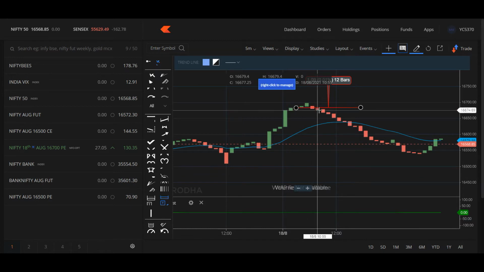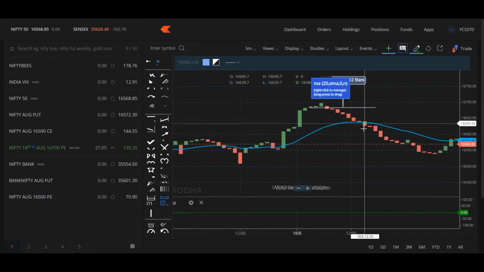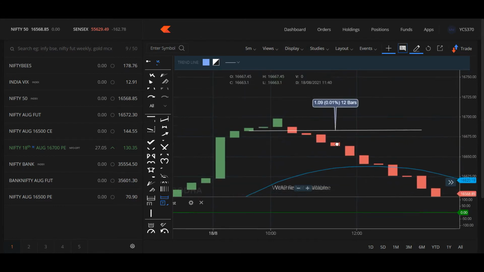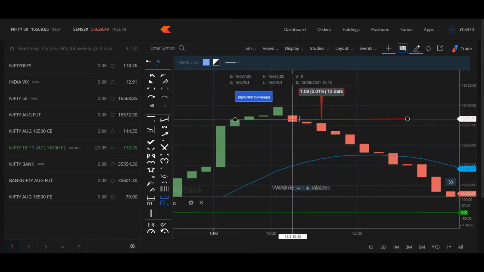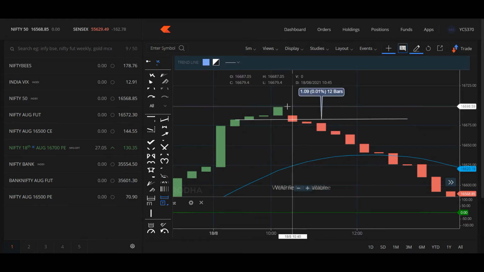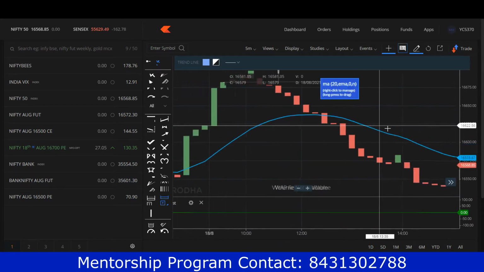You can take a short position with a stop loss at the high of this particular candle, and that is where you will trade. If you look at this, it will give you a much clearer view of whether the trend is on the positive side or the negative side. If you would have kept a stop loss here at 698, your entry would have been at 682, and look at the big move which you have got.